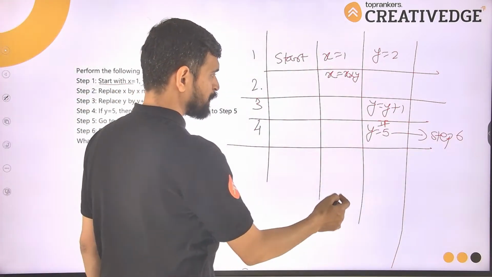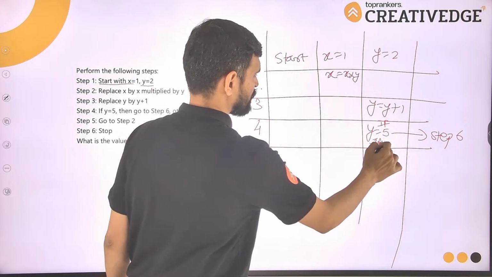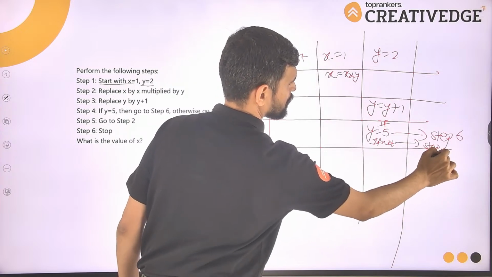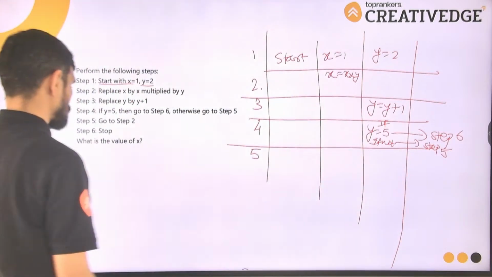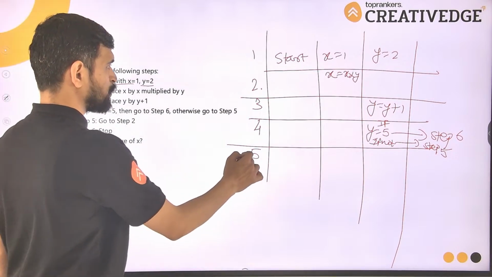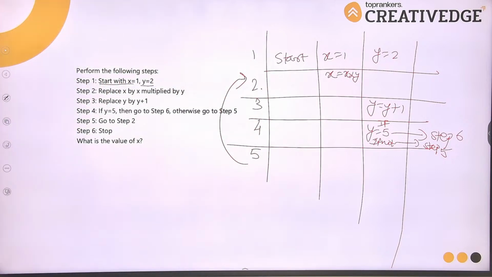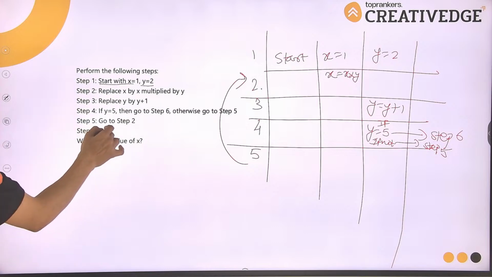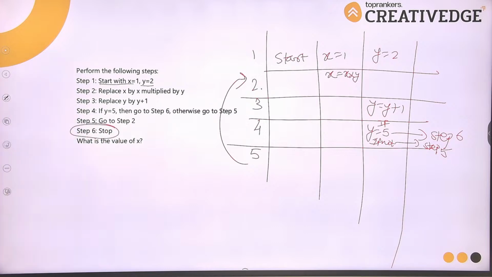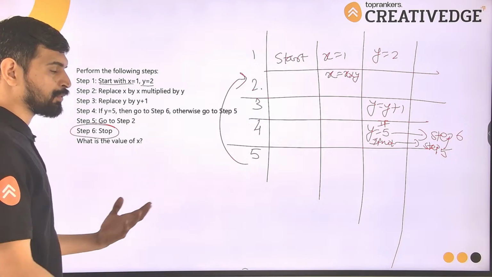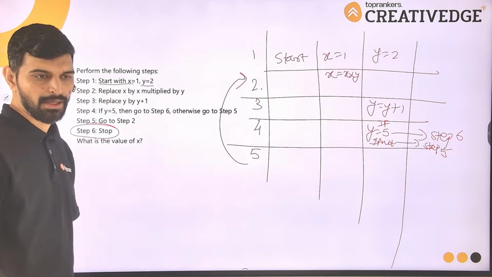Otherwise, if not, go to step 5. And step 5 says go to step 2. So we'll come back to step 2. What is the value of x? What will the value of x be when it stops? This is what you have to convey. Again, it is a numerical answer type question.